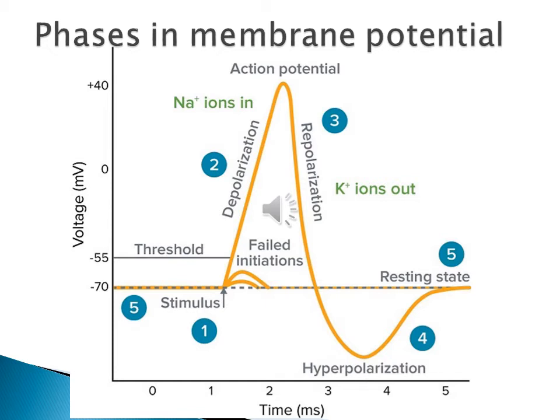So we have this range from +30 or 40 to -100. We're at -70, at resting membrane potential. We have this all or none phenomenon. Intracellular is negative, extracellular is positive. When it starts to move towards 0, we're at depolarization. We hit our action potential, +30, +40, and we are already working to repolarize.